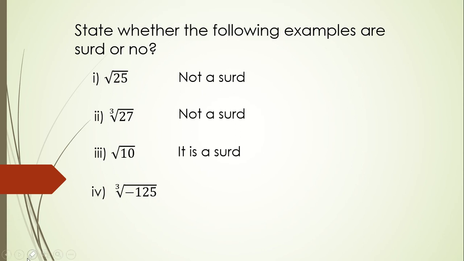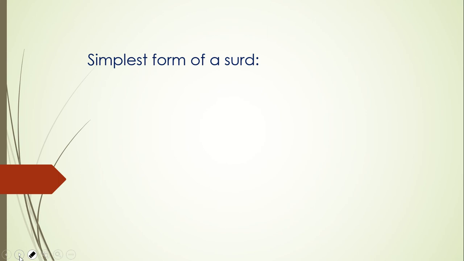So this is definitely not a surd. And the last sum, cube root of 7. Here you can see that n is equal to 3, radicand is 7, and cube root of 7 is an irrational number. Therefore, it is a surd, definitely. Okay, so let's move on.